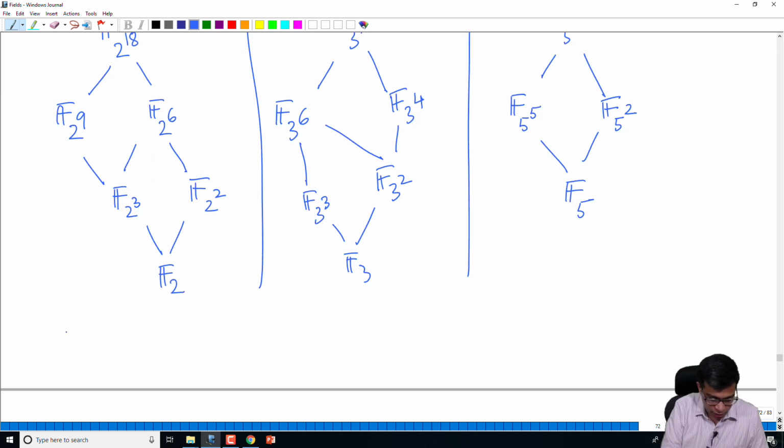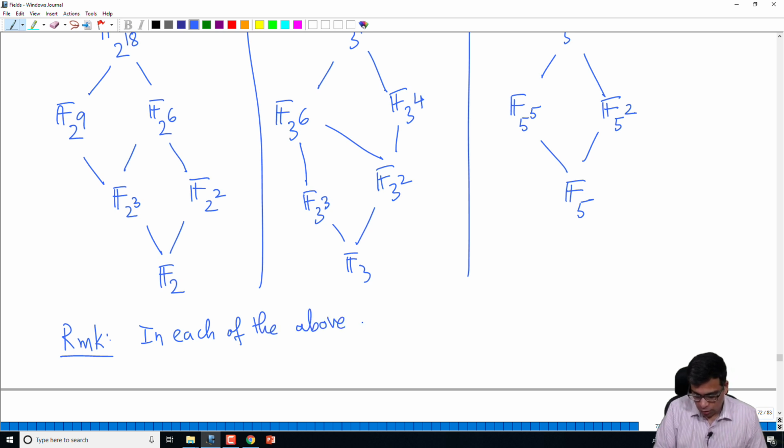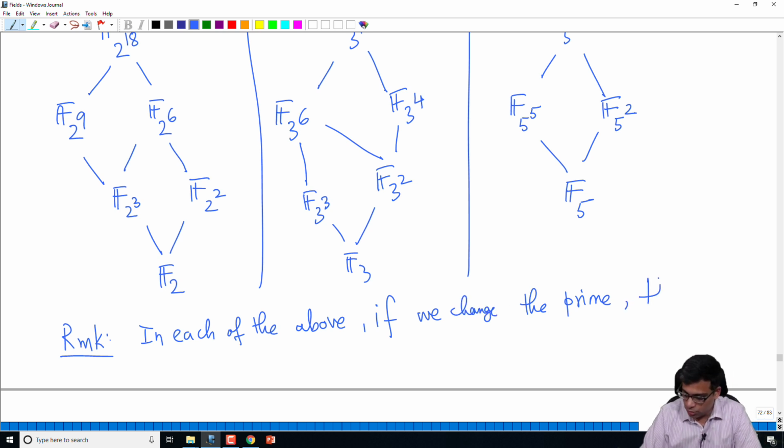So important remark, in each of the above, if we change the prime, the lattice does not change.